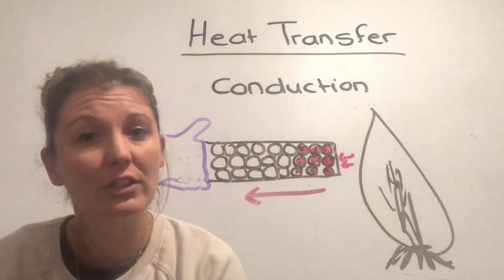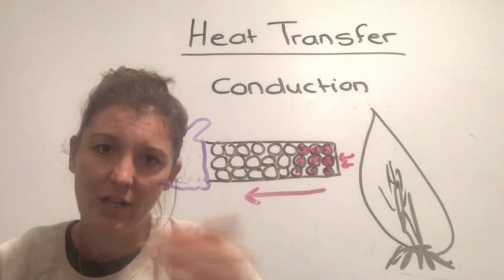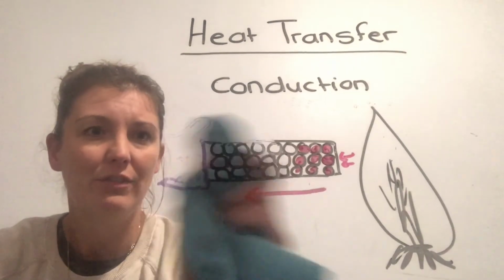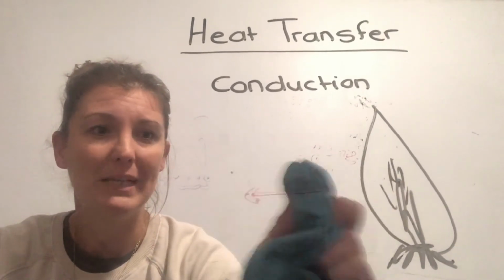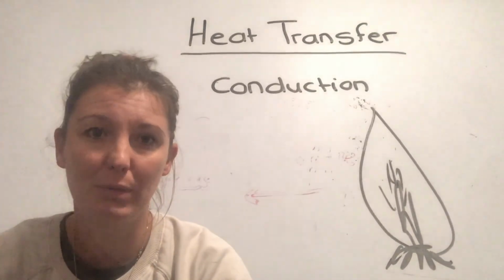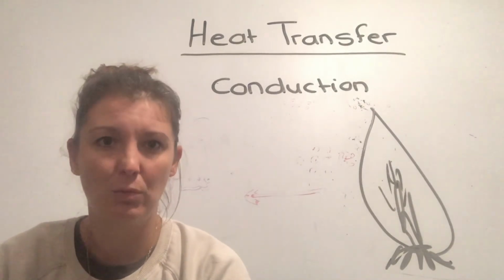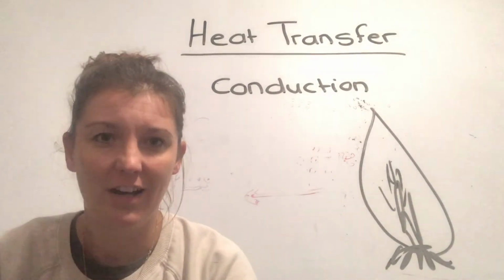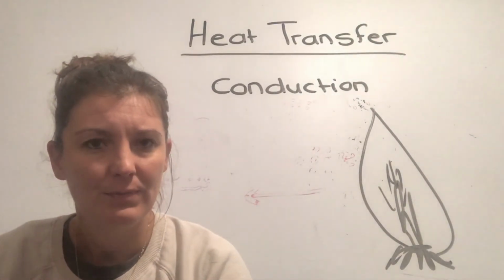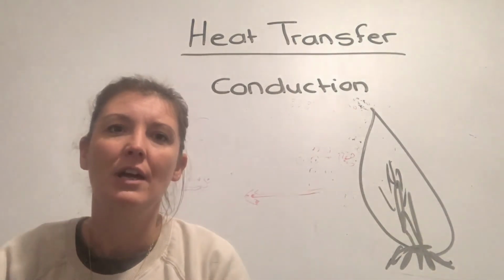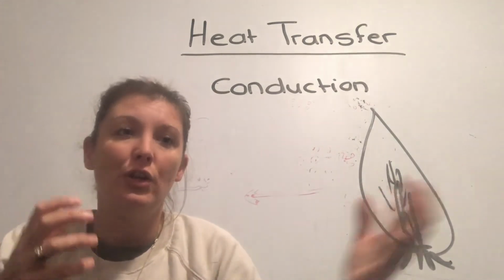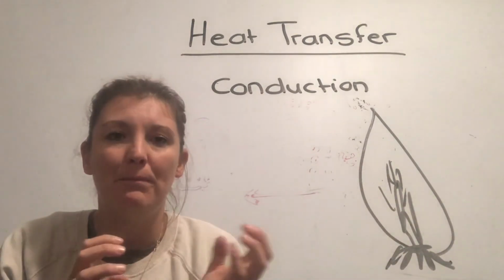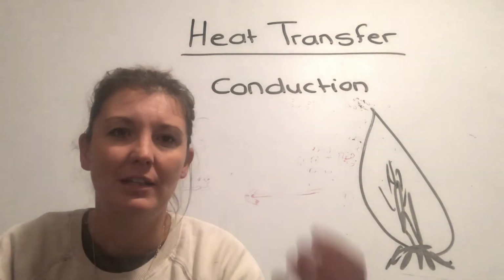Different things transfer energy in different ways. If you have a metal spoon compared to a plastic spoon and you put them in hot water, the metal spoon will get hotter faster. Why is that? If we zoom into the particles, the metal particles take energy and pass it on more easily than in a plastic spoon.